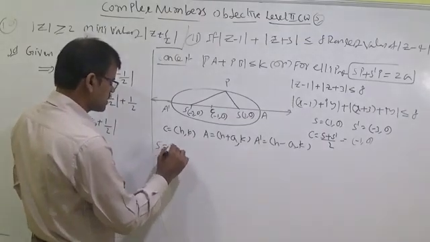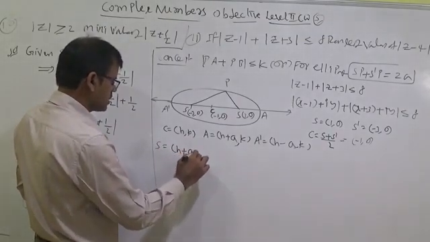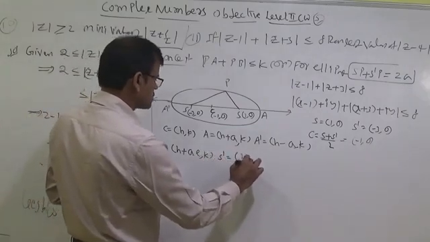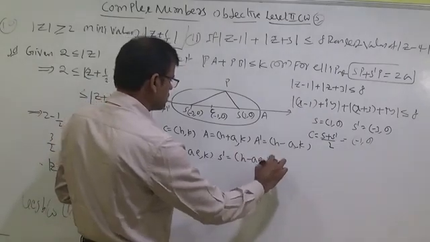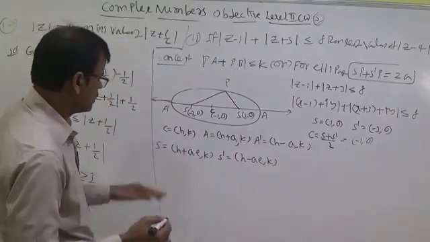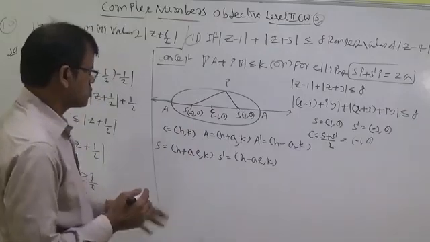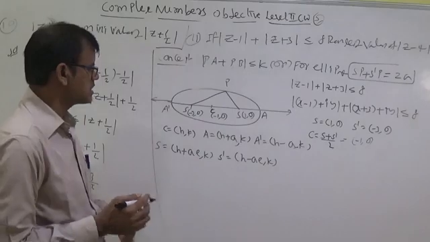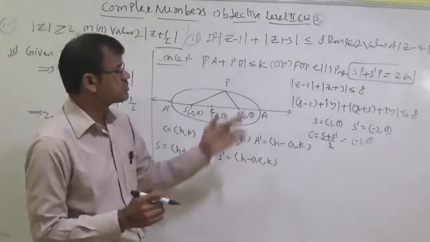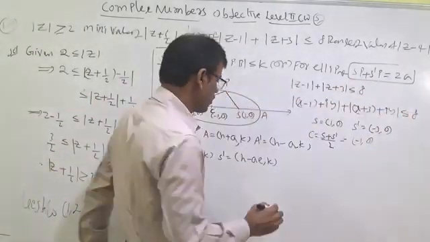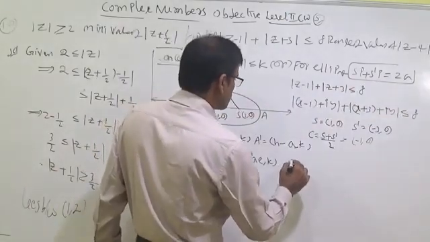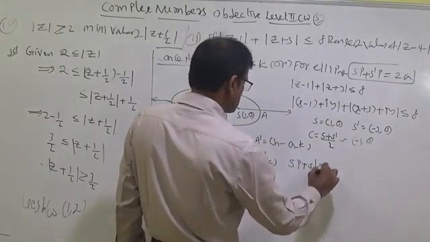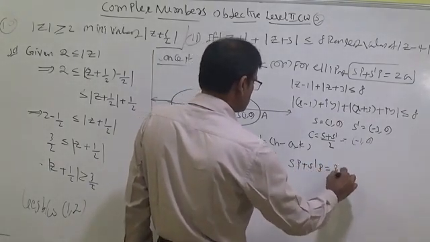Since h, k is minus 1, 0, S is h plus a, k and the other focus S dash is h minus a, k. What is a? The formula is SP plus S dash P is equal to 2a, and the locus here is given as SP plus S dash P equal to 8.